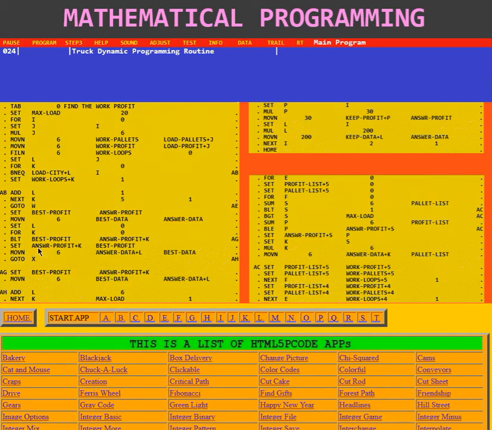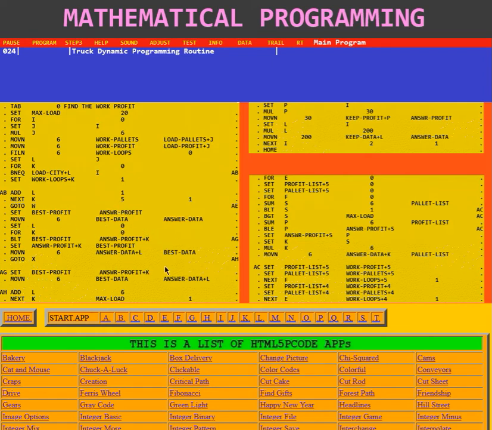If not, we just say this particular one is going to get the answer we already have for best profit and best data. So as I say, if that comes back and says, for instance, I could take 8 pallets on my truck, the best answer may be you only need to take 7, 6, 5, 4, whatever. All right, that's what this does.